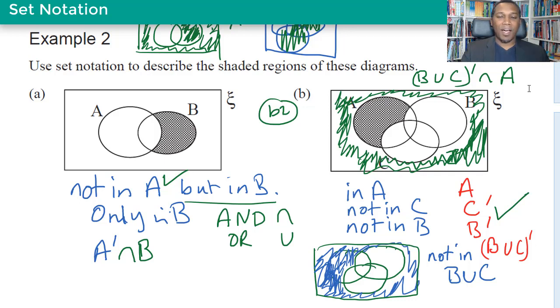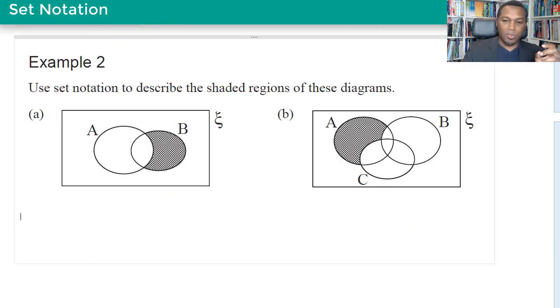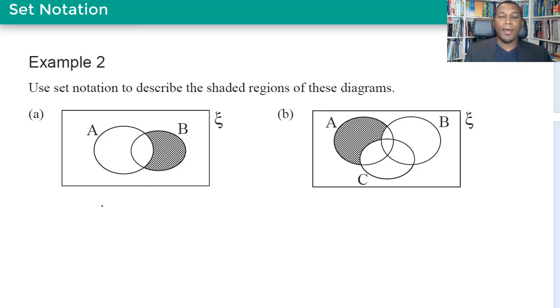We have to identify, so we have to shade the region. So doing the opposite, we'll do that after. But just quickly, let me rewrite these on a clean screen, so you can see that we went through the process of identifying this as A prime intersection B.